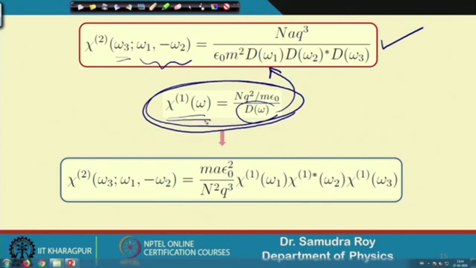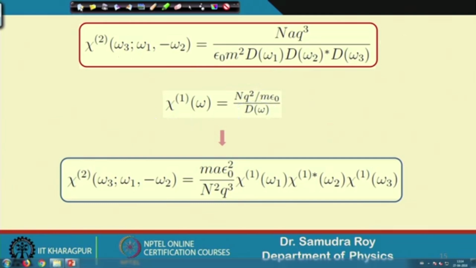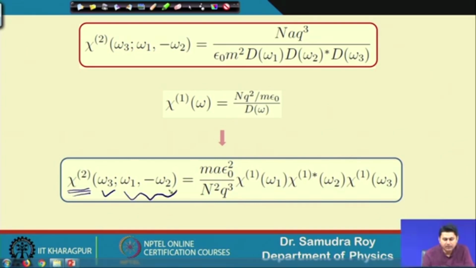If I do that, then what we essentially get is very interesting: the second order susceptibility at frequency omega 3, with two different frequencies omega 1 and omega 2 whose combination gives rise to omega 3, depends on the first order susceptibilities at those frequencies.